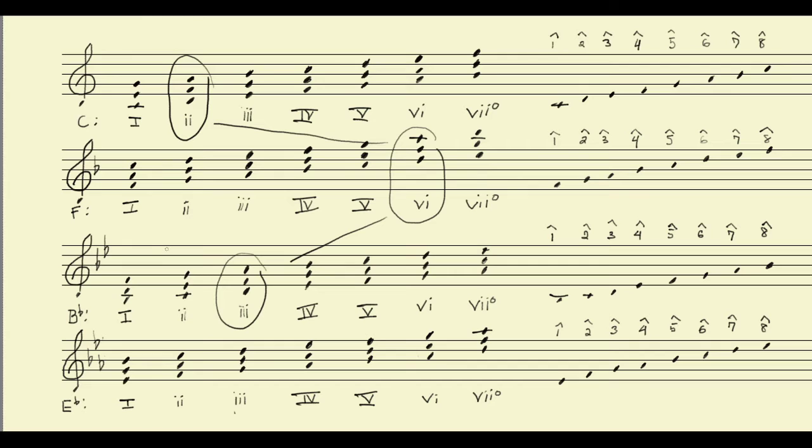Take a look at another chord. Let's look at an F major chord: F, A, C. We find the F major chord in the key of C, where it is the 4 chord. But we also find an F major chord in the key of F, where it's the 1 chord.